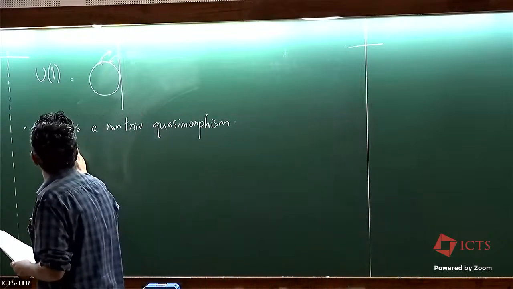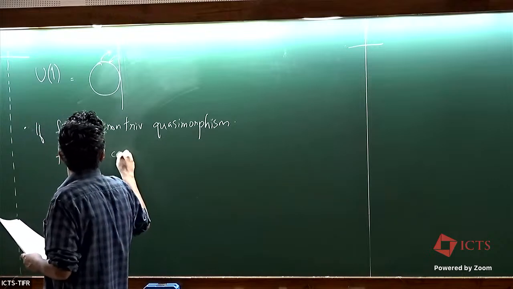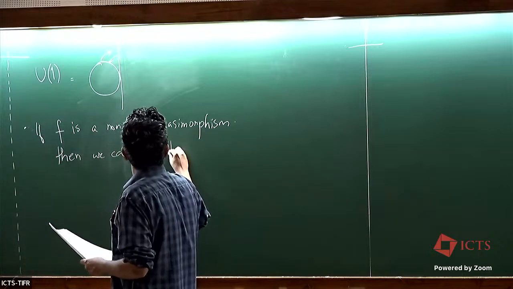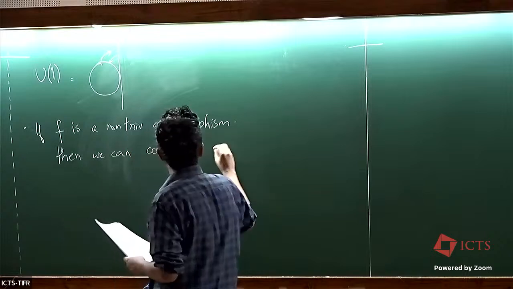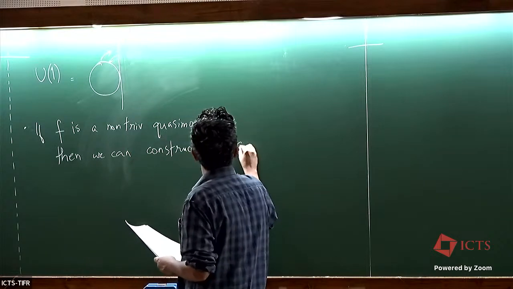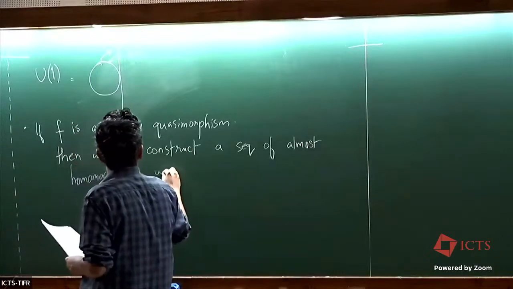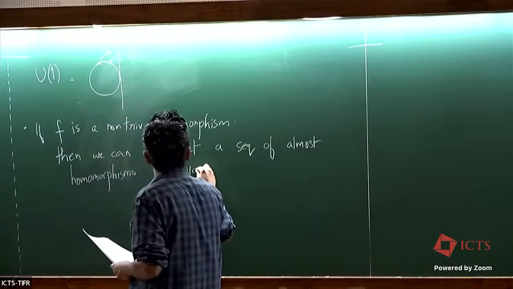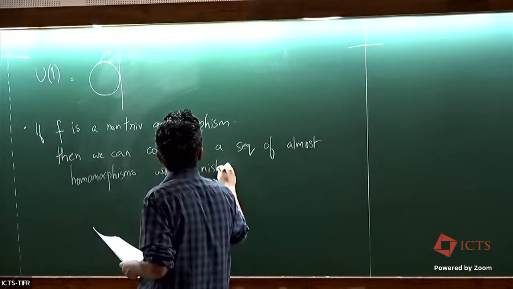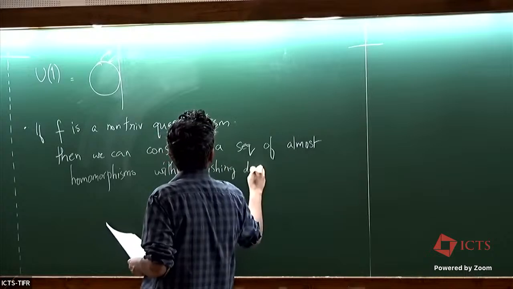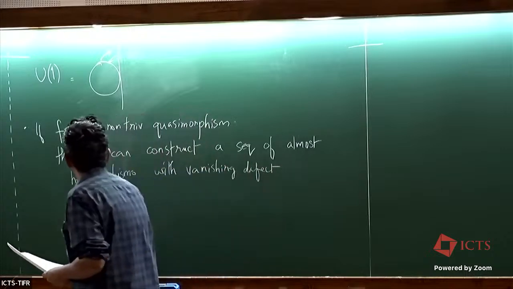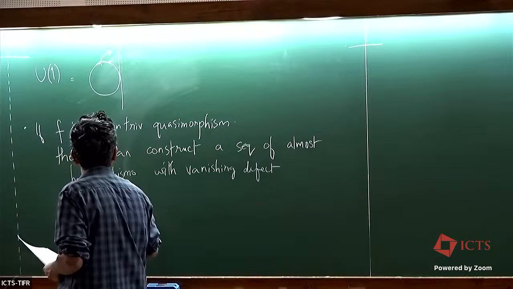Then we can construct a sequence of almost homomorphisms with vanishing defect and constant distance.